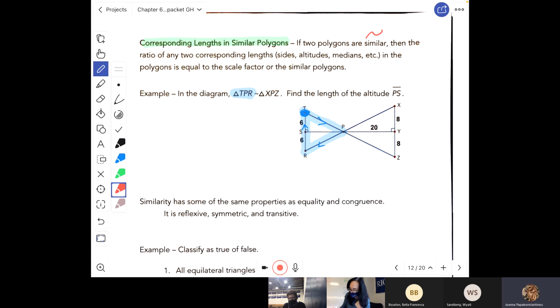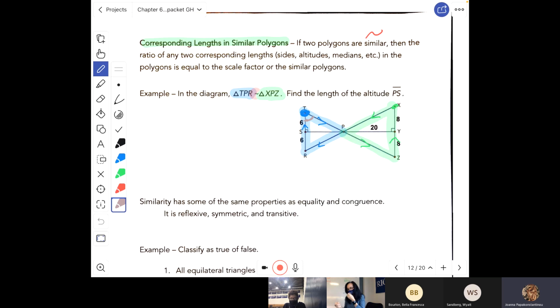That is similar to triangle XPZ, starting here and going this way. So I see some congruencies. Just for kicks, let's talk about them. These are similar figures.